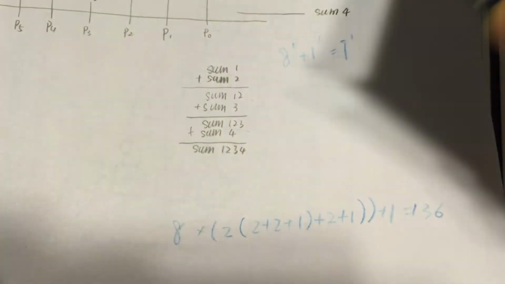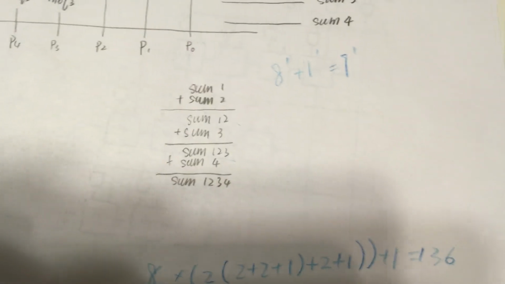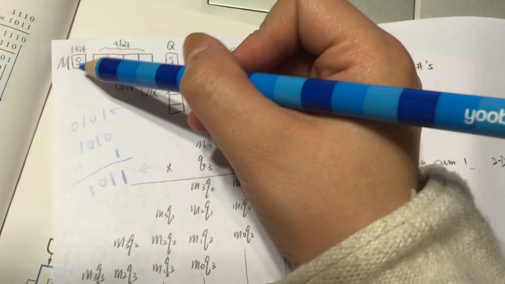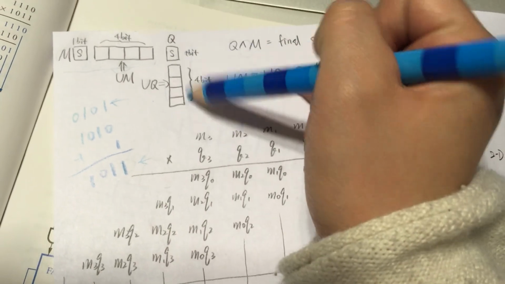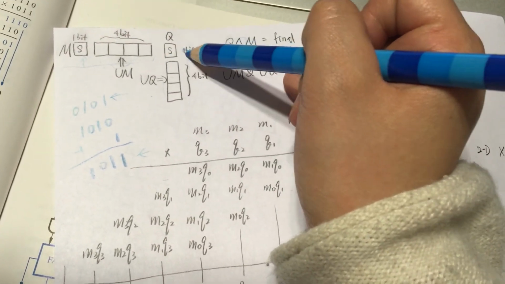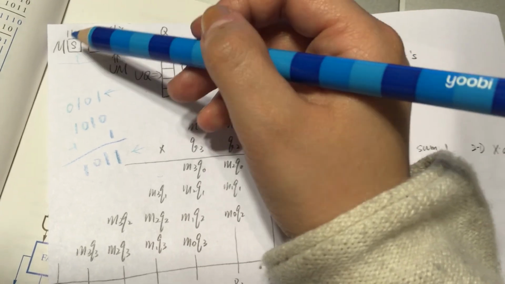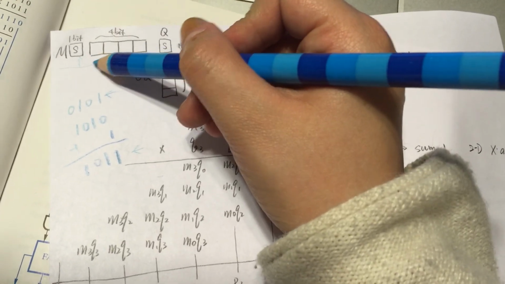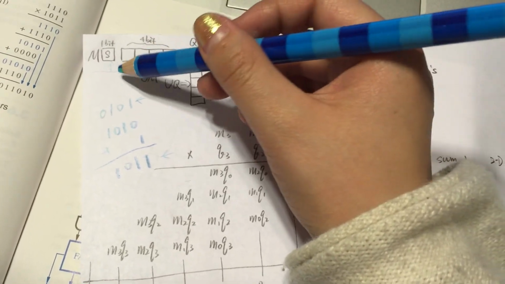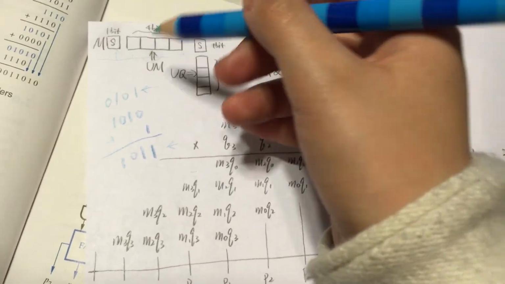And then I will introduce my thinking and the Verilog code. Here is my thinking for 5-bit times 5-bit. We ignore the first bit of each number, that is the sign bit, and the last 4 bits are the magnitude of the 2's complement.